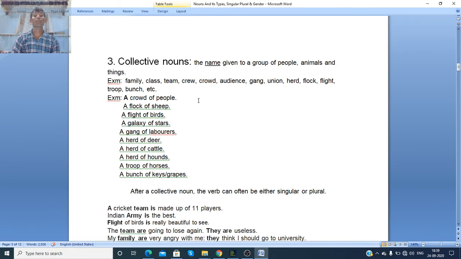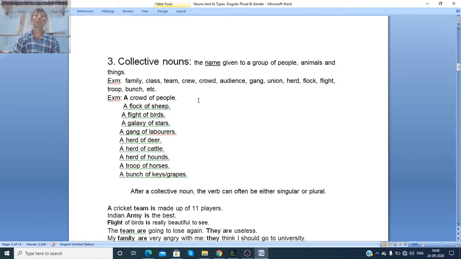Audience, all of the people that are watching a play, concert, or any drama, are called audience. And then gang, people that work together, union, the same thing, people that work together at one place is called union.